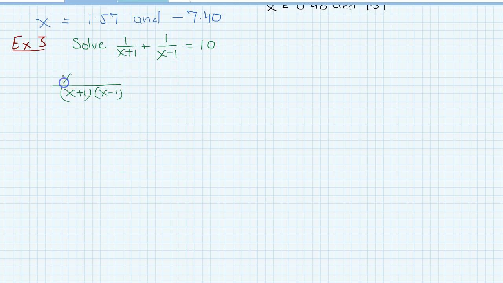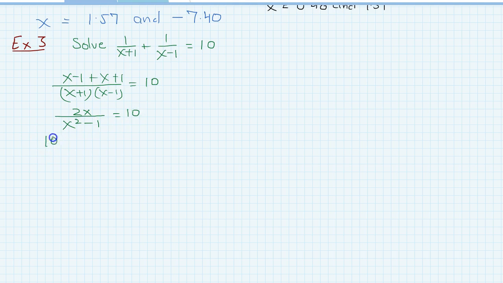So this is x minus 1 plus x plus 1 is equal to 10. 2x, 1 and 1 cancel, so it is 2x over x square minus 1 is equal to 10.